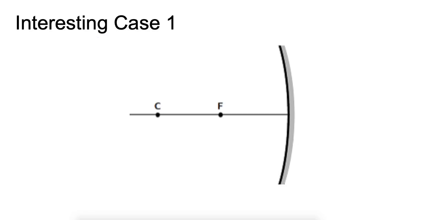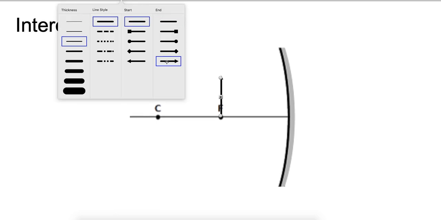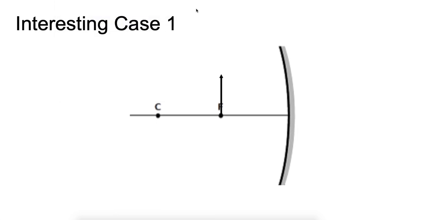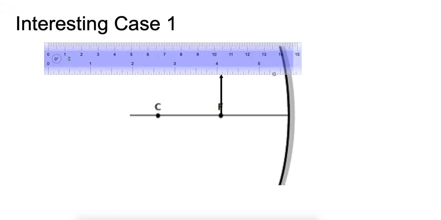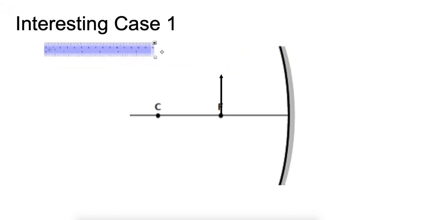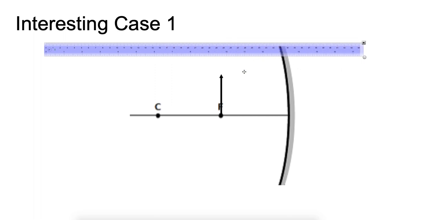Now I know nothing is on there, but let's go ahead and draw in an arrow that is at our focal point. All right, because this is going to give us an interesting situation, right? Because if it's at our focal point, that stops us from using the focal point as a point that we can draw through.